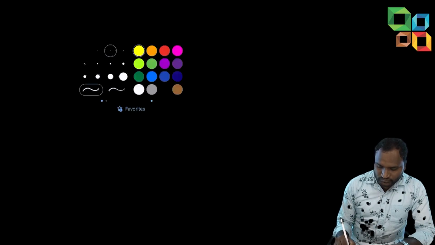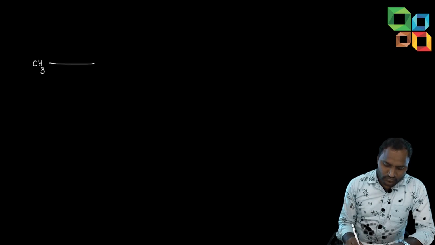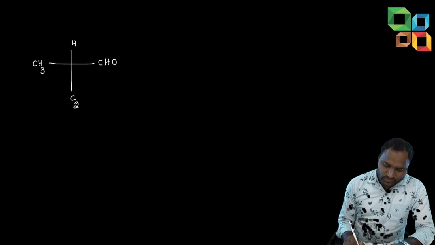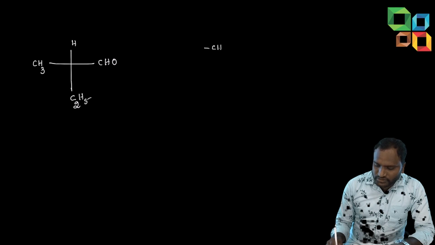Now, last compound, with only one chiral center. CH3, H, CHO, C2H5. C2H5 you can also write like this.